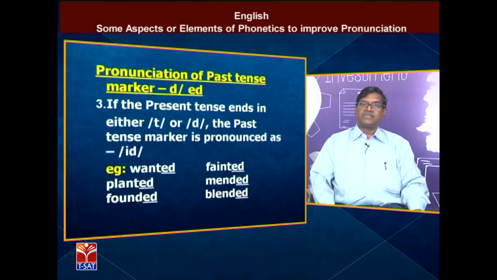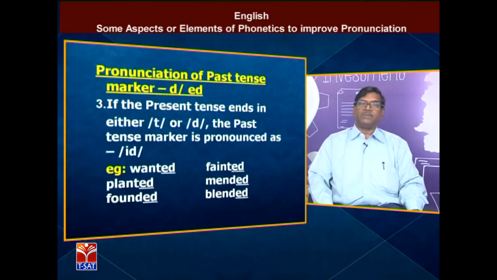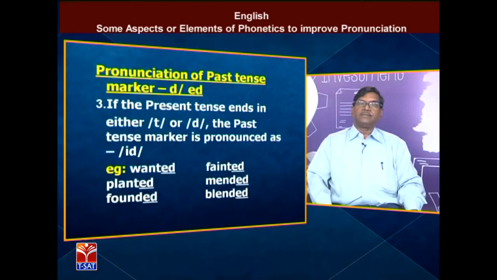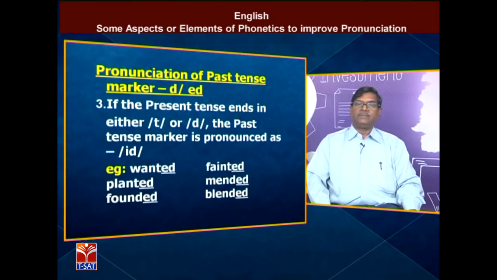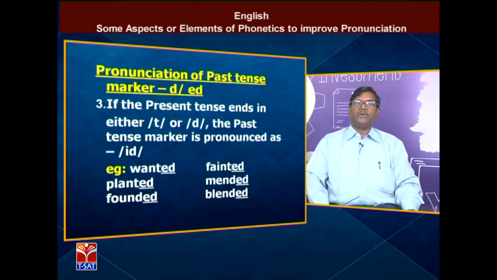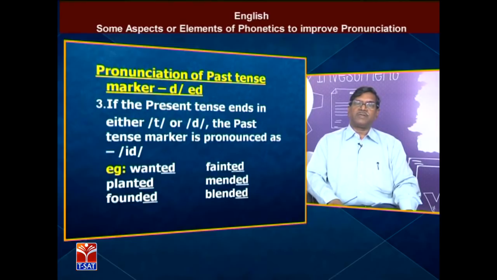The stress shall not be on the last syllable. The stress should be only on the first syllable. Wanted, fainted, planted. Similarly, mended, founded, blended. So, if the present tense ends either with t or d, the past tense marker is pronounced as id.